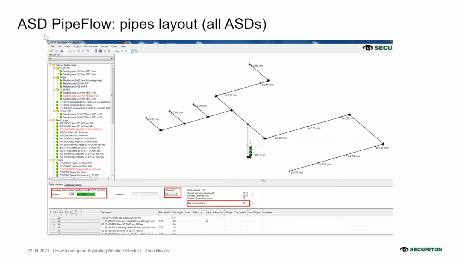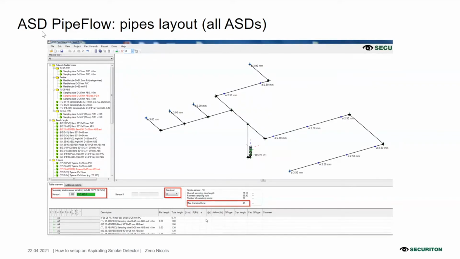However, if you find yourself without a PC, taking into account the restrictions I mentioned, like accessory filters and so on, you can still configure the ASD with the easy config. So the best way is to use the software, but in the worst case, you can also use easy config.